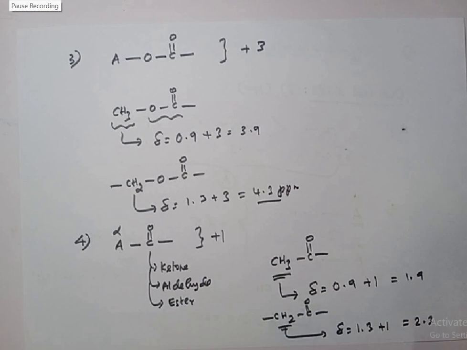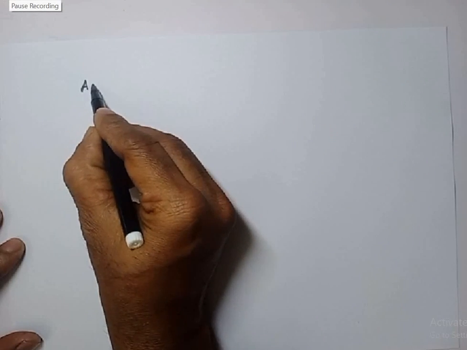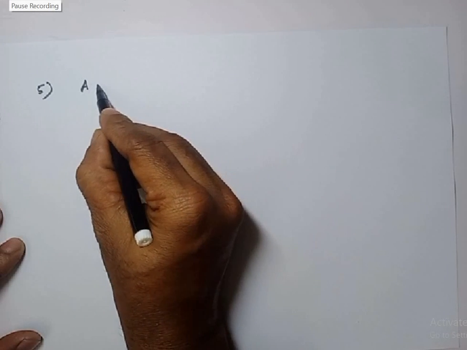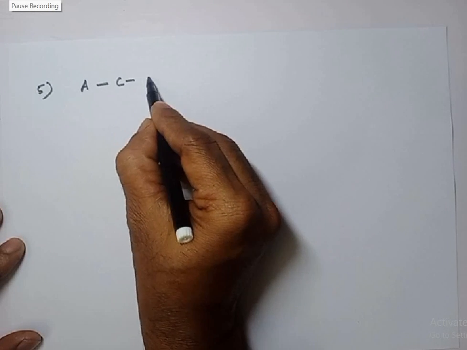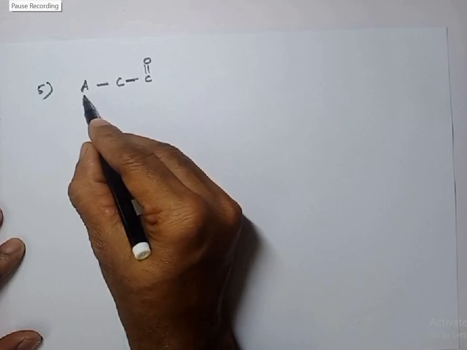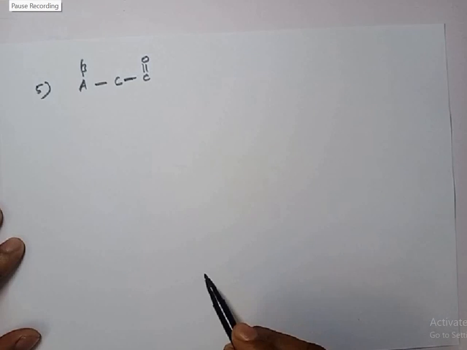Using this trick, we can predict, not exactly but to some extent, the chemical shift values of the methyl group, methylene group and methine group. Okay, take note. Suppose I have an A group, this is rule number 5. The A group is connected to a carbon that is connected to a carbonyl group. That is, the A group is not in the alpha position, now it is in the beta position.